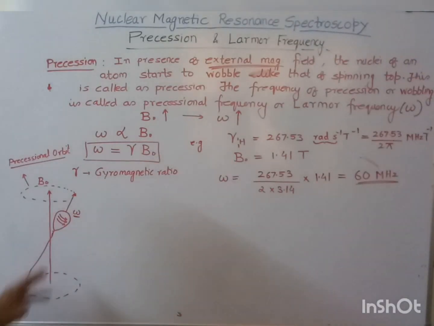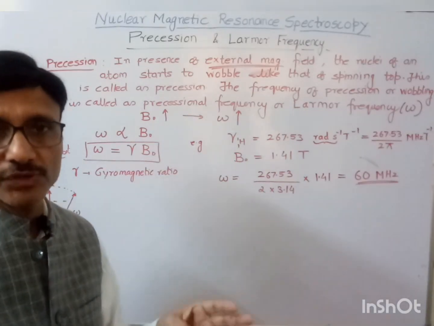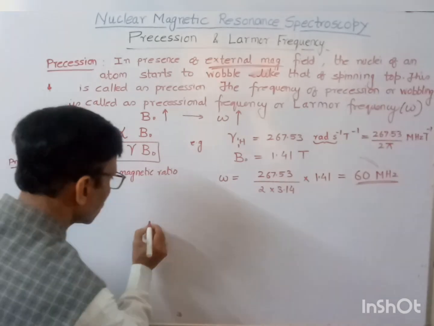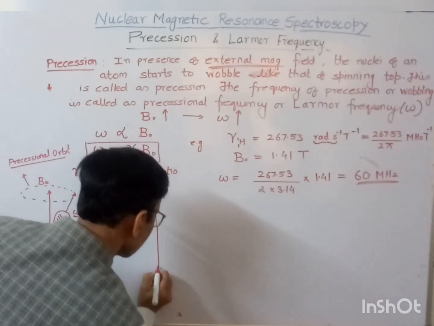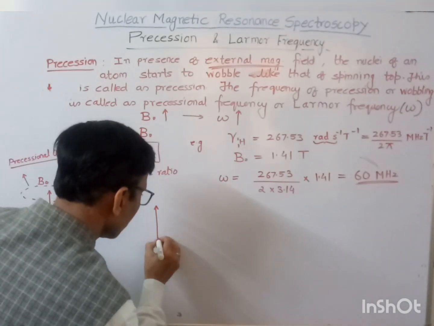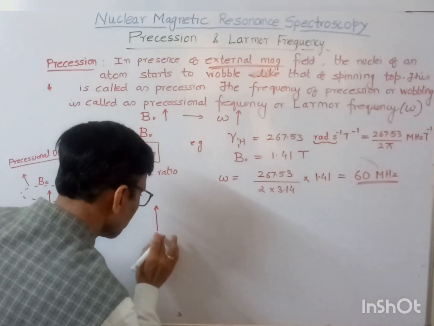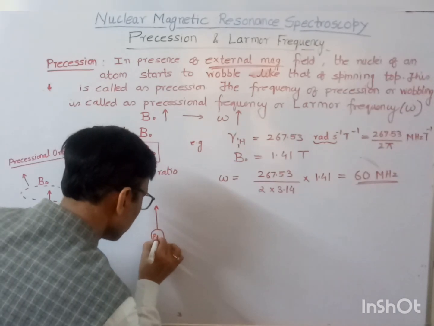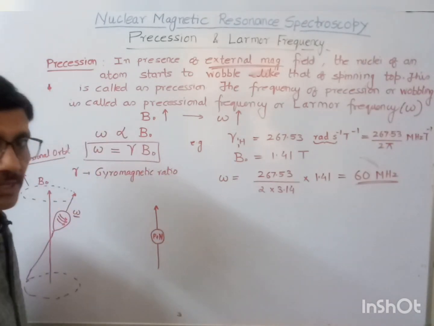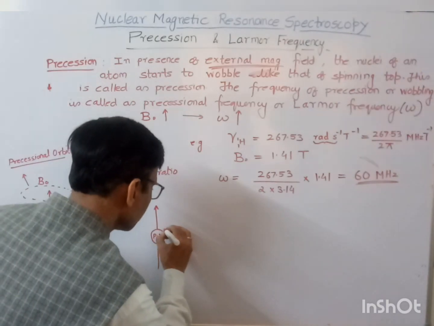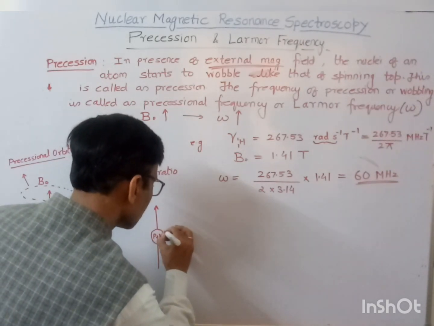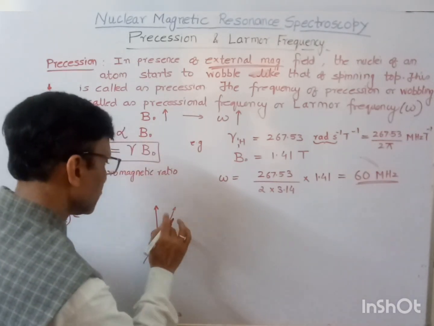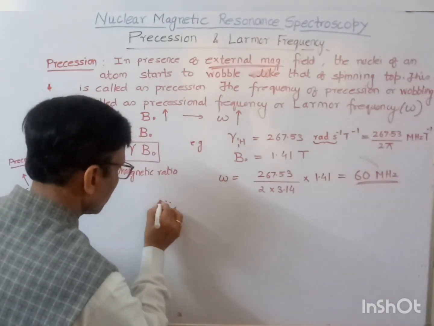So in this way, we may draw it like this, and this is the orbit. Okay, so we may show it also for a nuclei. Suppose we have a proton, and if we want to show it for the proton, I may show it like this. So this is a proton, sorry, this nuclei, and if this nuclei also spins in the same way, that is precessing.